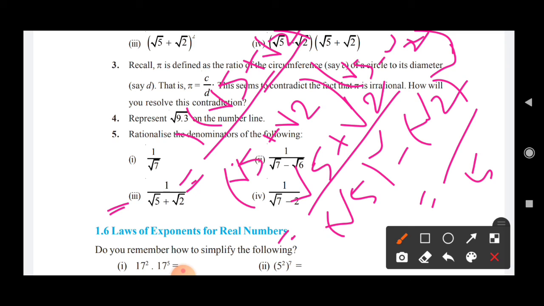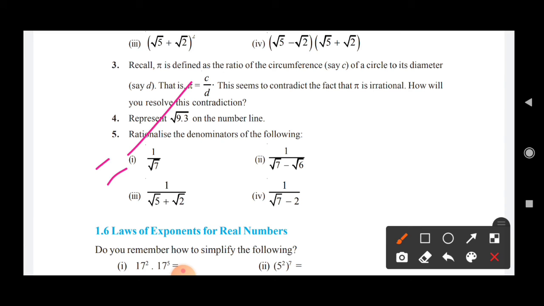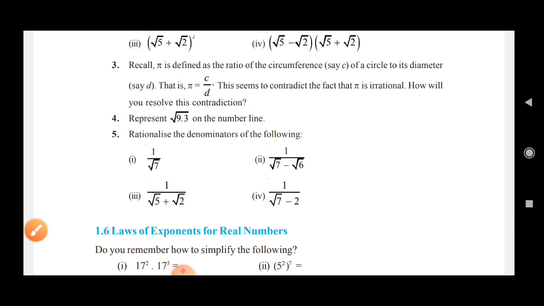Here 5 minus 2, and the numerator root over 5 plus root over 2, and in the denominator 5 minus 2 is equal to 3. Now 3 is rational. So in this way you can solve this type of question.